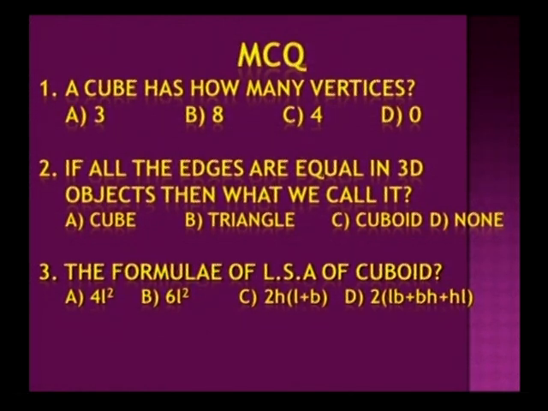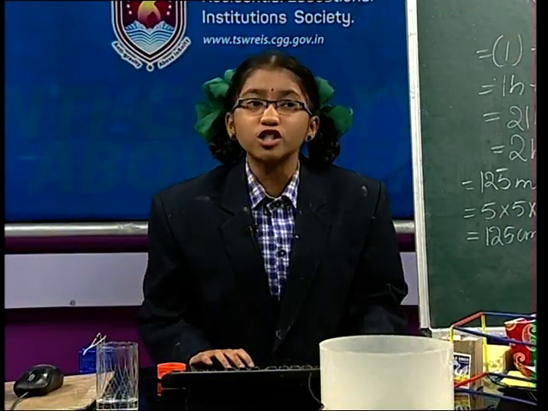It is 2H(L plus B). That is our lateral surface area of the cuboid formula. Do you understand it? Very good. You all passed the multiple choice questions.